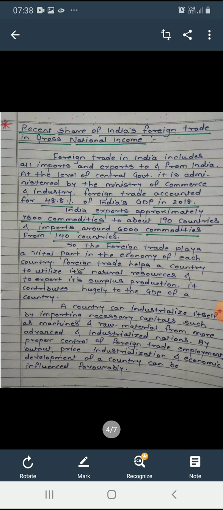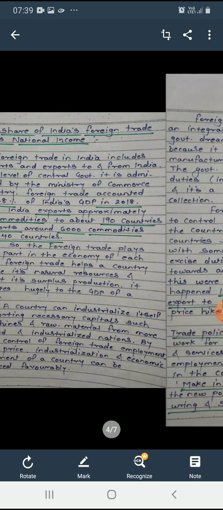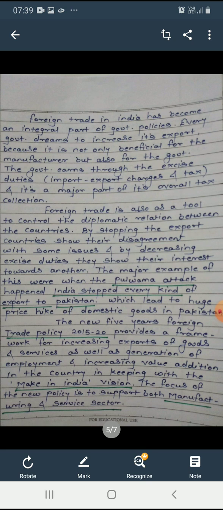By proper control of foreign trade, employment, output, price, industrialization, and economic development of a country can be influenced favorably. Then, foreign trade in India has become an integral part of government policies.